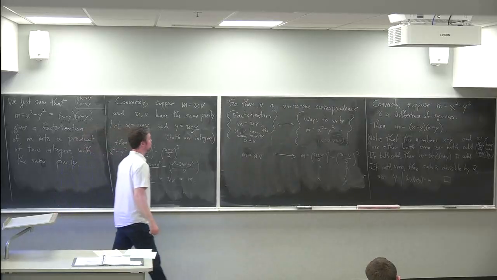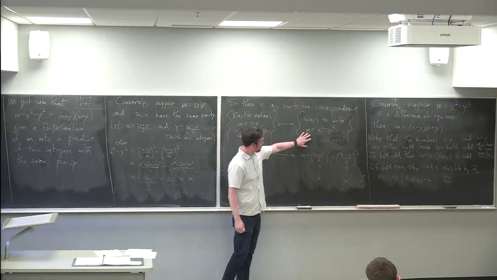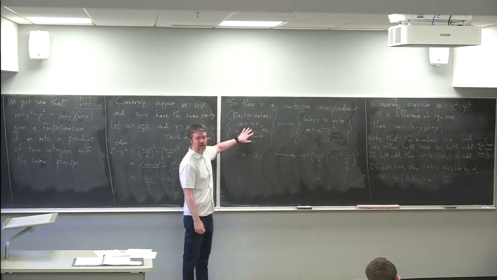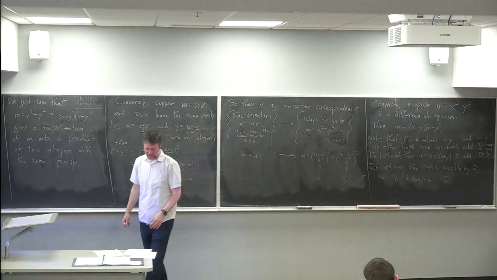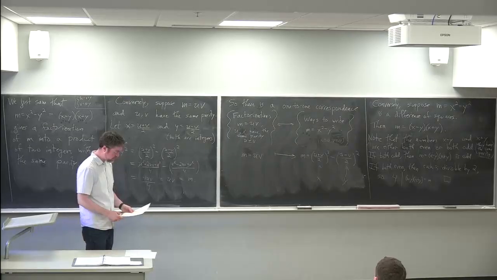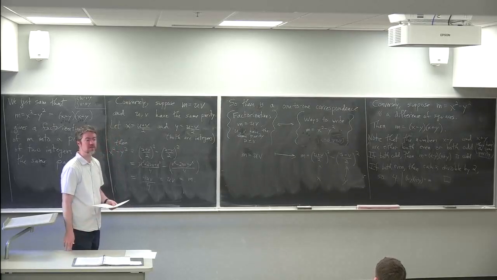And the harder question on the surface was, how do you find all the ways to do this? The easier question is, how do you find all the ways to factor m into a product of two integers of the same parity? At least that's certainly an easier question when you just have a number like 21 or something.